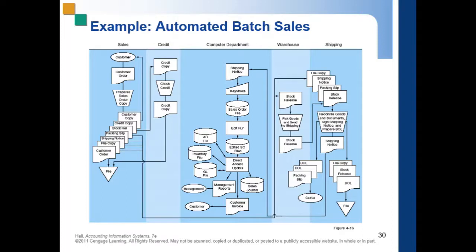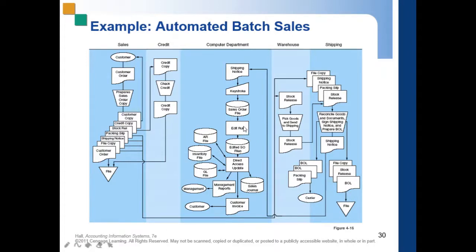Once you have the sales order file, it goes to your edit run, wherein the sales order system is executed. Depending on the transaction volume and the need for current information, this could be a single end-of-day task or performed several times per day. The system is composed of a series of program runs.